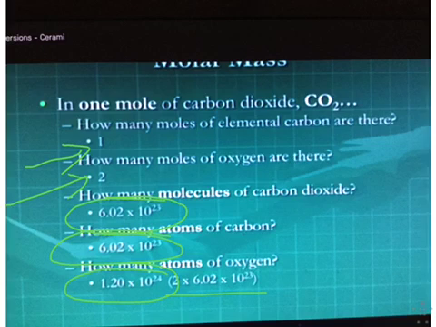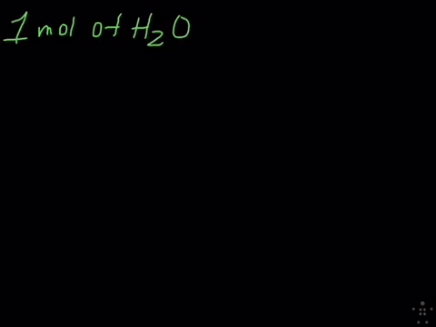Okay? So let's try a different example. I have 1 mole of water. That is the fact. How many moles of hydrogen do I have? 2. Very good.